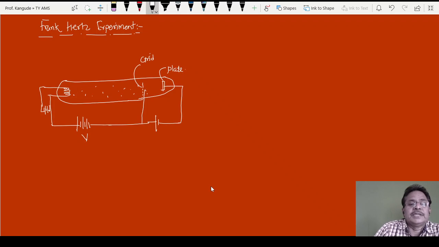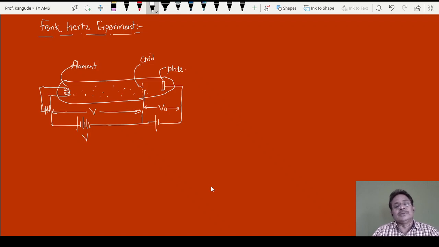This is the filament, and these are the sources, V and V0. The potential across the grid and the plate is V0, and the potential across the filament is V. V is very, very large compared to V0.